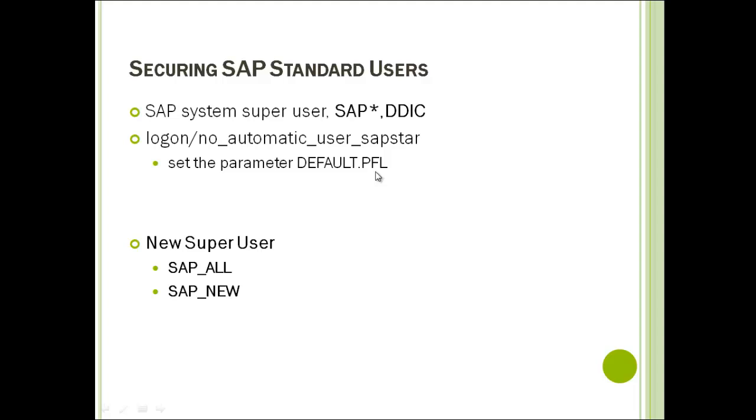As we have seen, we have three different profiles: default profile, startup profile and instance profile. The startup profile is only for starting. The default profile is applicable to all the application servers, then we have the instance profile applicable to each specific server. So these parameters should be put into the default profile so that they are applicable to all application servers.